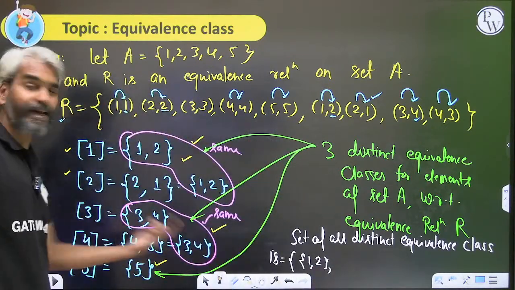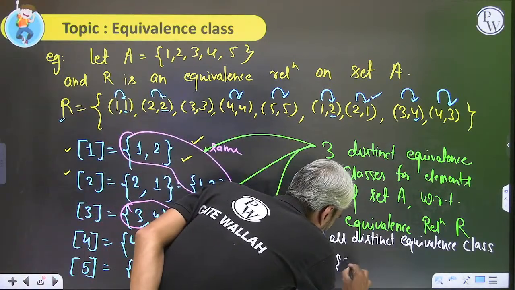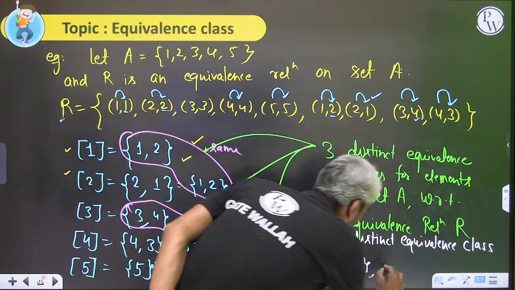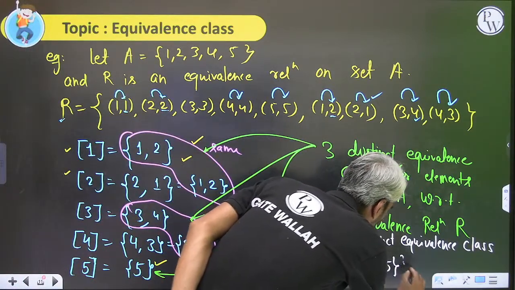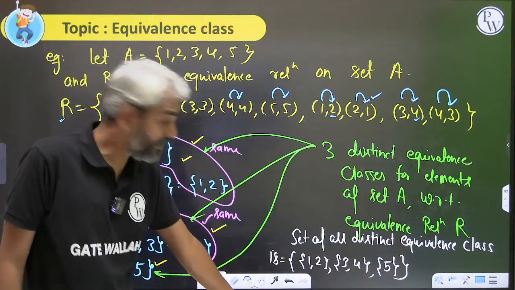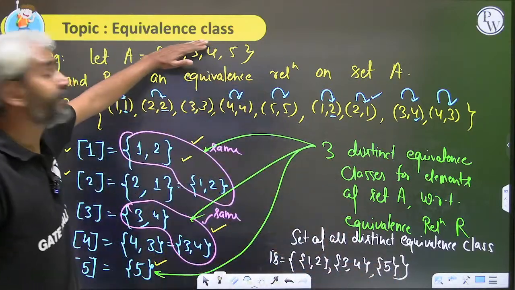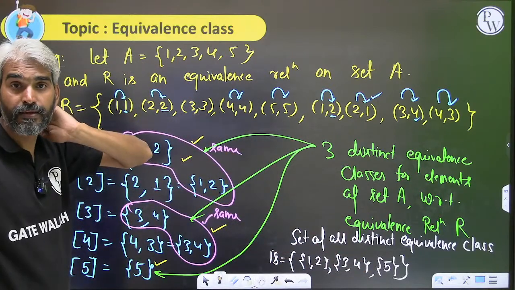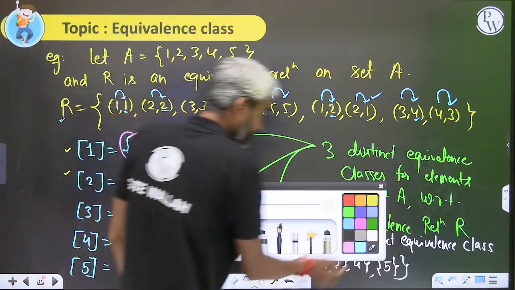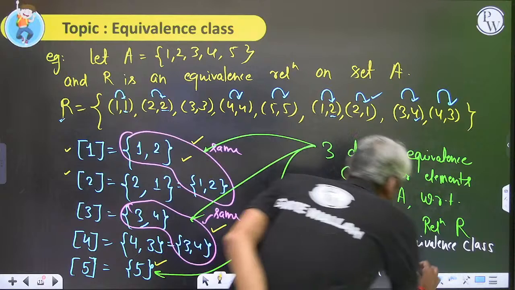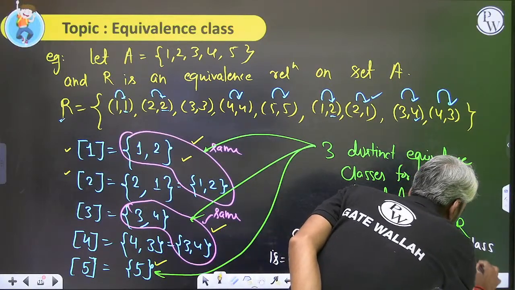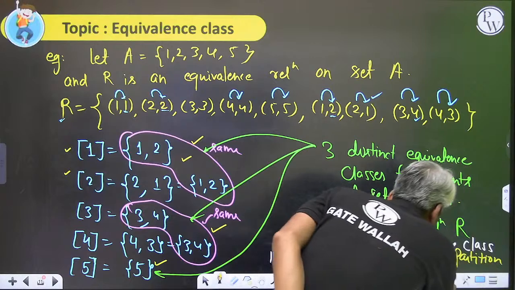Another distinct equivalence class is the set containing elements 3 and 4. Another distinct equivalence class is {5}. Now, please check, is it a partition of this set A? Yes, sir, it is a partition of this set A. Makes sense? It is a partition of the set.